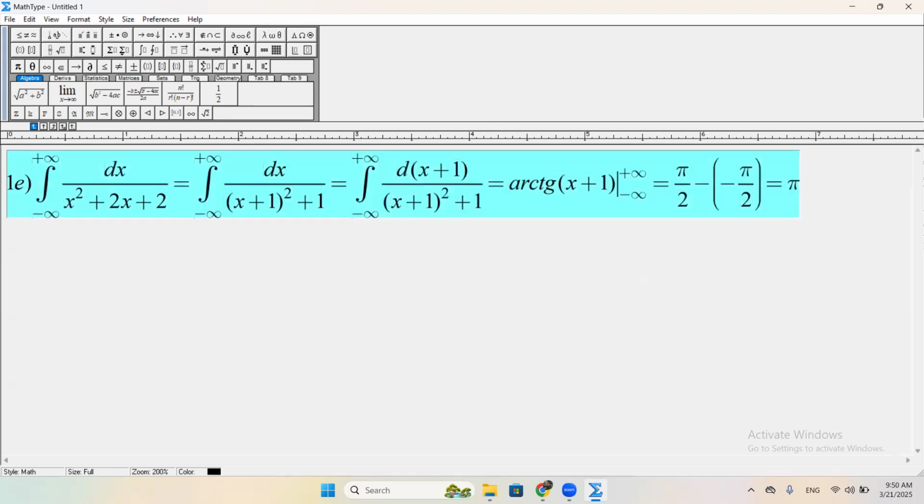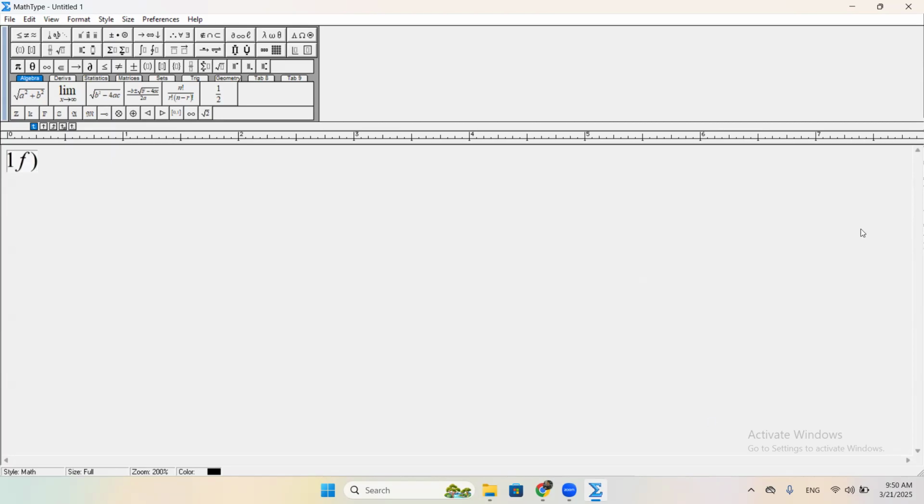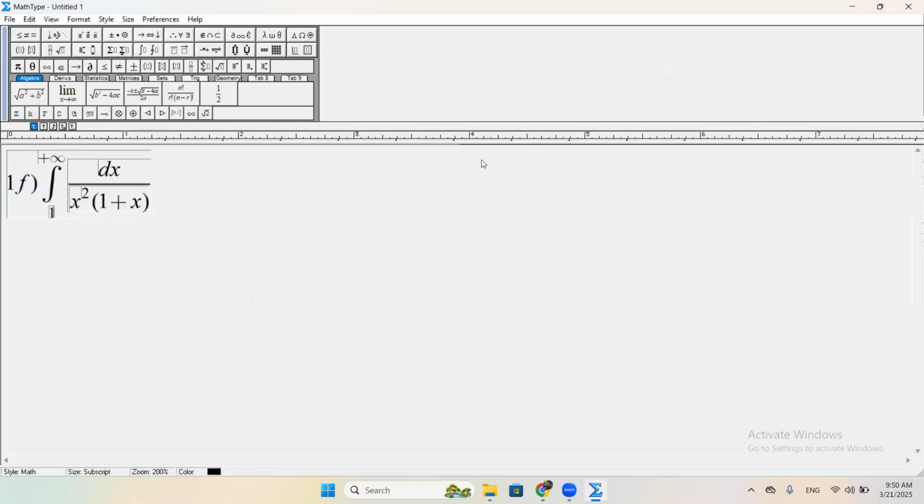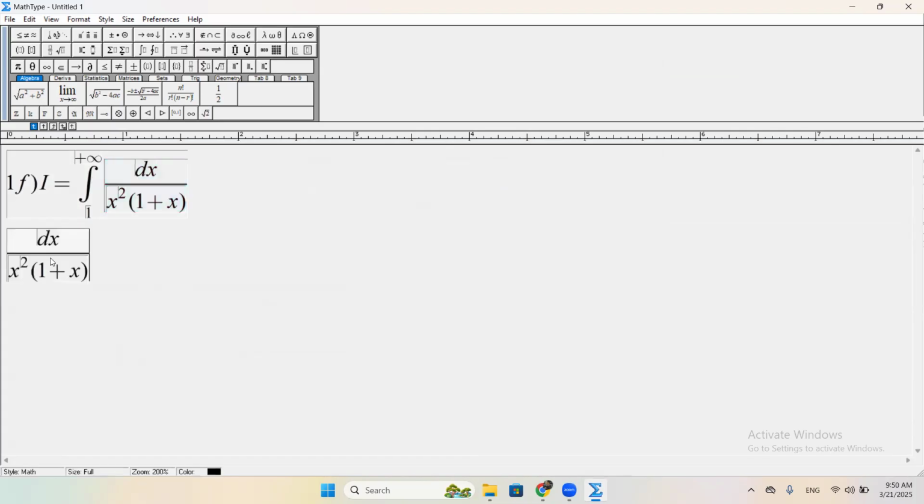Okay, if no questions, moving to the next, 1f. So let's remember how to integrate rational fractions. So x squared over 1 plus x. Let's use the method of indeterminate coefficients.